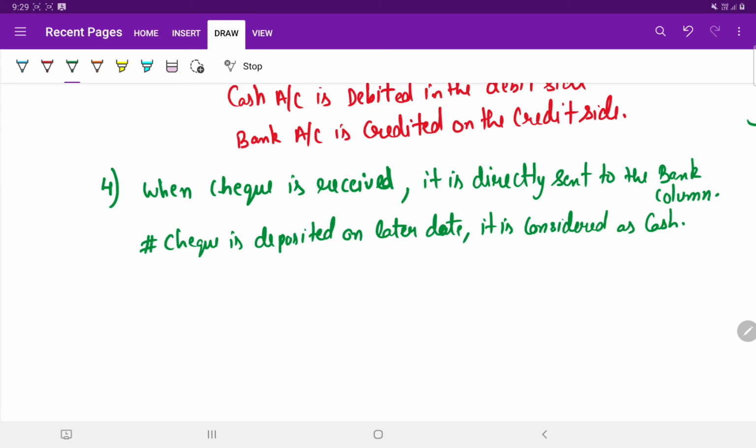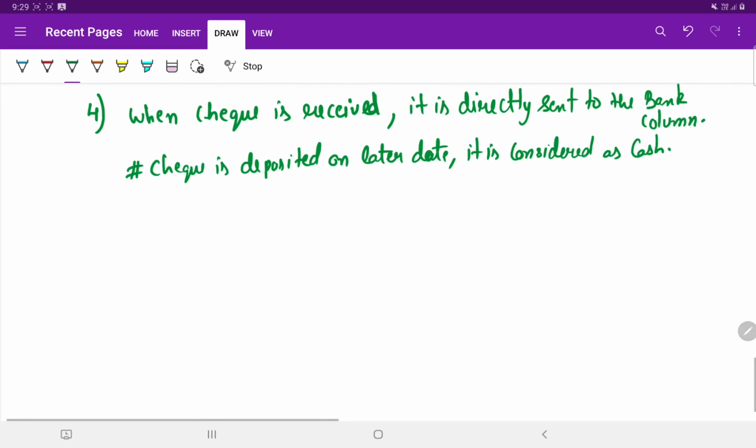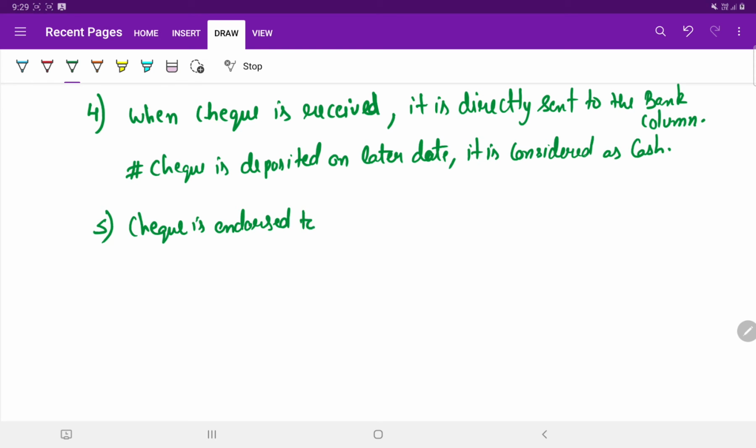When a check is endorsed to a person, the entry will be just like the cash payment. So if a check is endorsed to a person, the entry will be like a cash payment only.